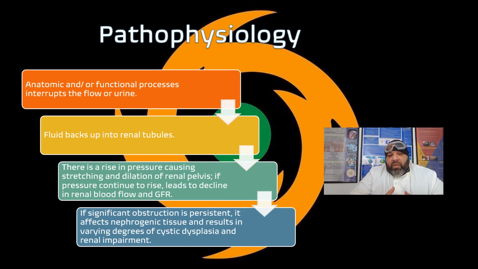If pressure continues to rise, this leads to a decline in renal blood flow and glomerular filtration rate as well. If significant obstruction is persistent, it affects nephrogenic tissue and results in varying degrees of cystic dysplasia and also renal insufficiency or renal impairment.